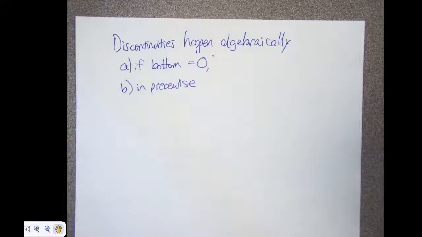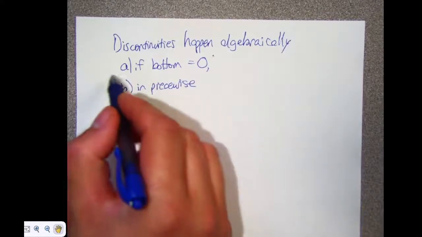So algebraically, if you don't have a fraction, you don't have a discontinuity. So you need there to be a fraction or a piecewise. You need the bottom to equal 0 for there to be a discontinuity, or a piecewise. So we're going to do the bottom equals 0 first.